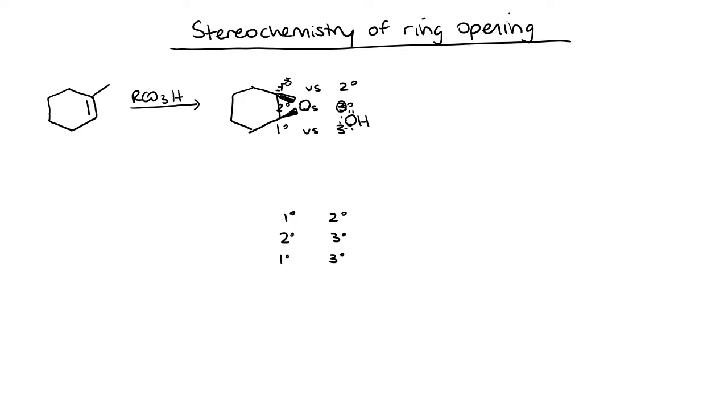It'll come in and it's going to attack from the opposite side of the epoxide. Now, currently our epoxide has formed above the plane of the ring. So that means the nucleophile is going to attack from below the plane of the ring.